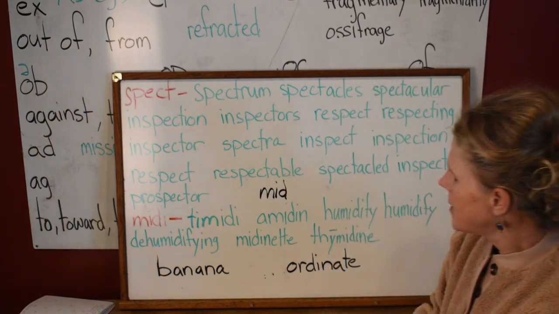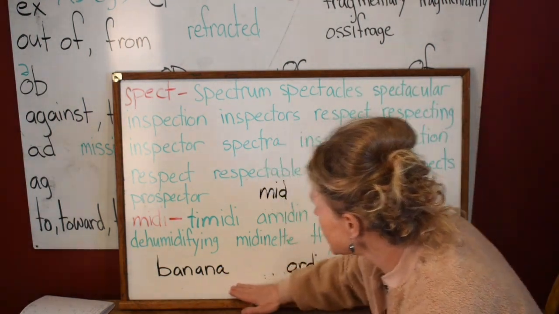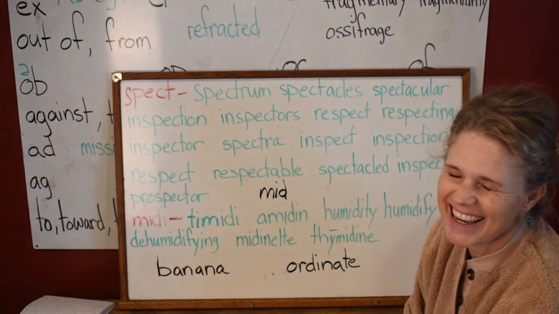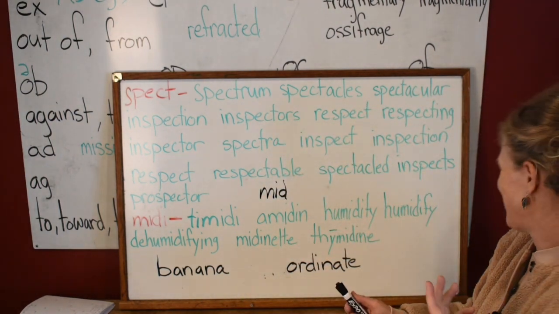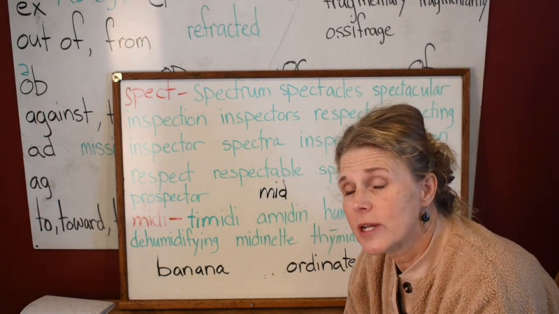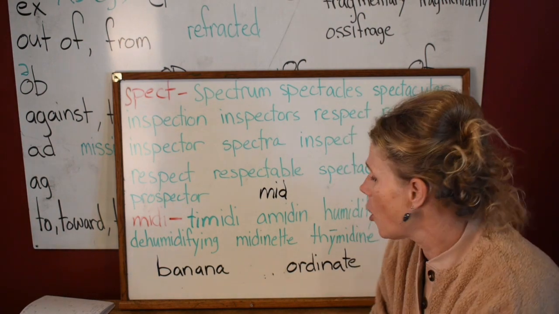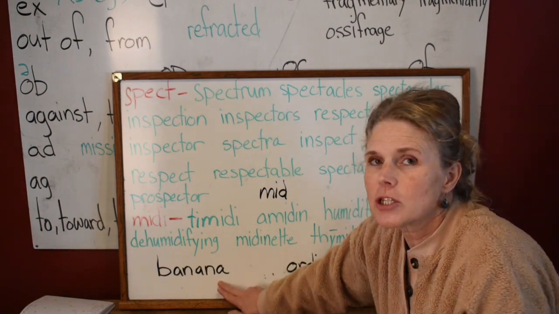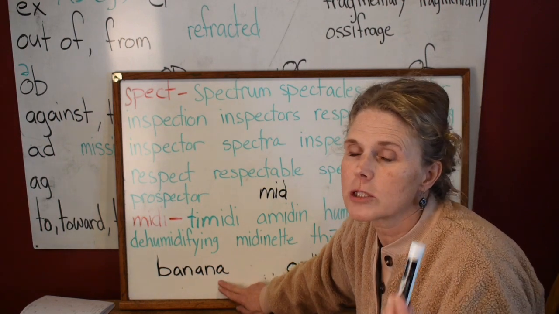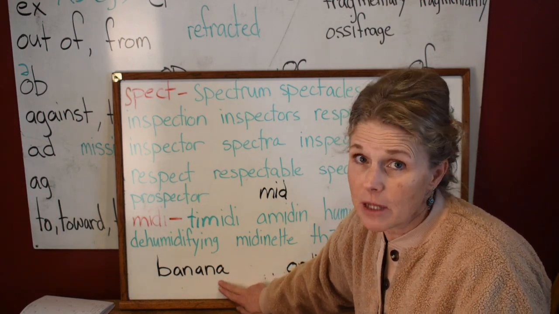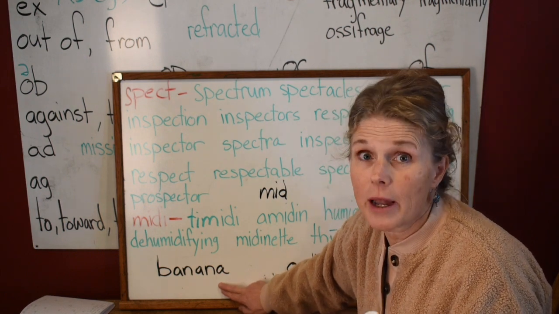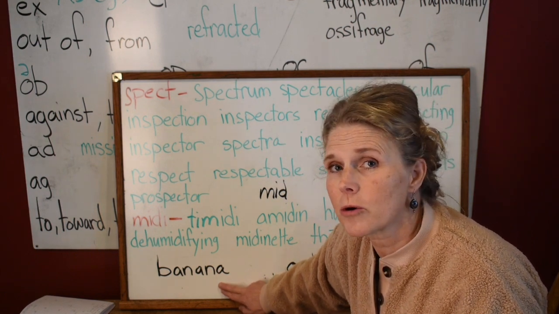Okay, so now let's break this word into syllables. So what's this word, Dan? Banana. Oh gosh, that's so funny. Okay, so when you have 3 or more syllables, you know the very end syllable almost always, I'm sure there are some exceptions, but I would just plan on the last syllable not ever being accented in a 3 or more syllable word.